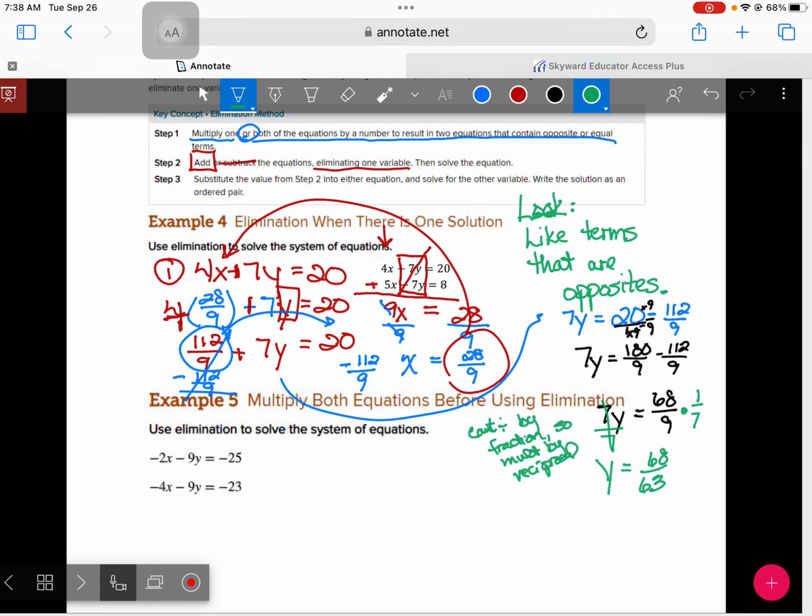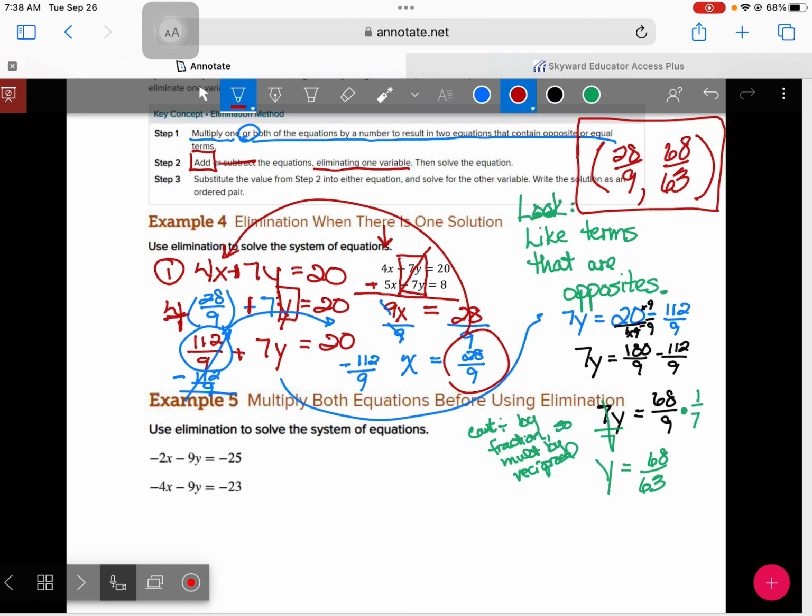So my final answer is the ordered pair. My x value is 28 ninths. And my y value is 68 63rds. Ooh.